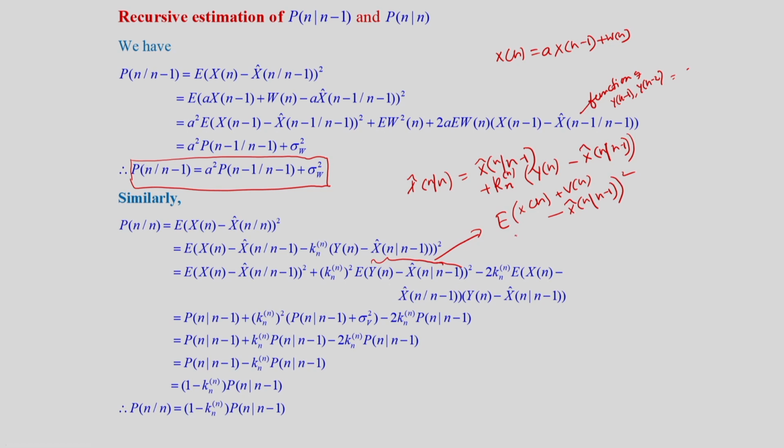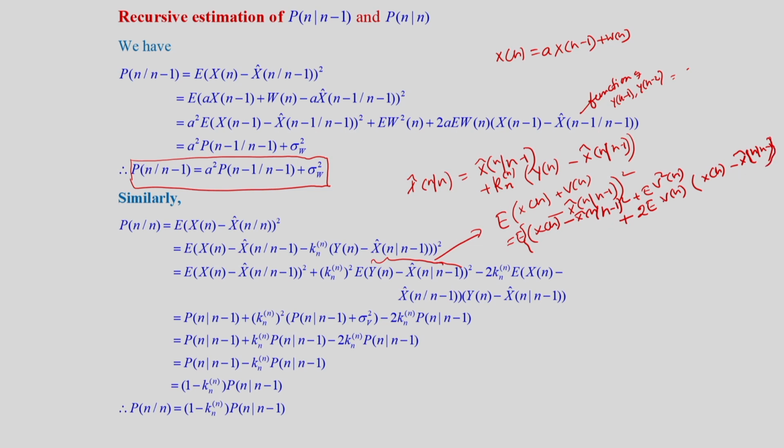So, this we can write as E of (x n minus x hat n given n minus 1) whole square, one term, then plus E of v square n plus twice E of v n into (x n minus x hat n given n minus 1).